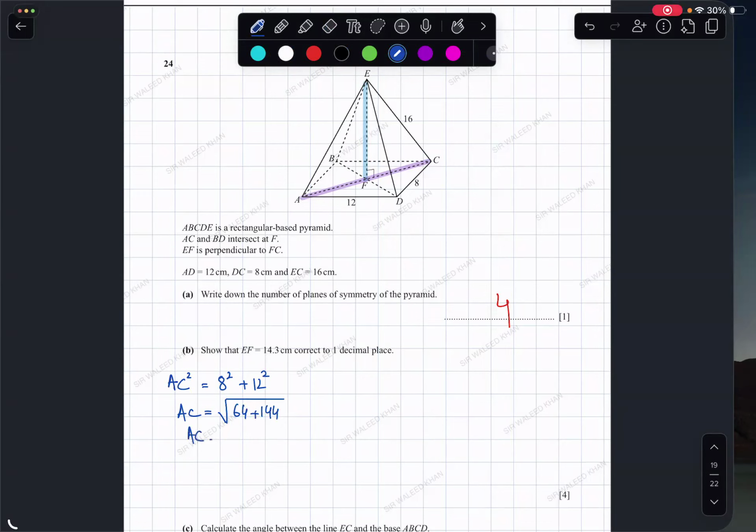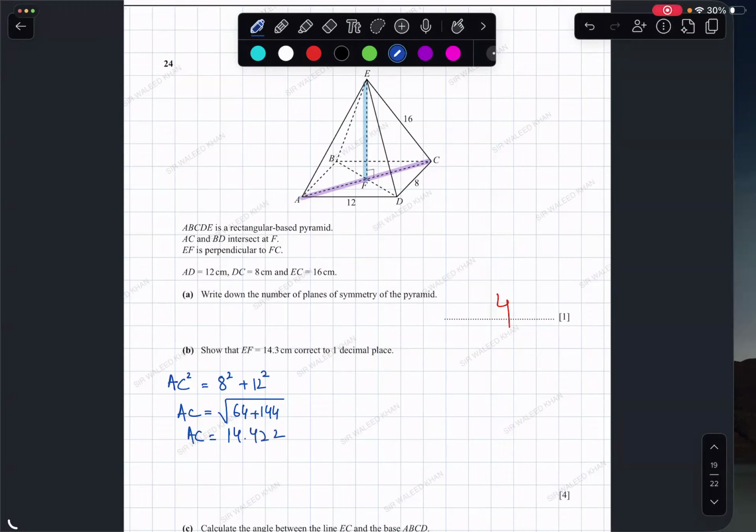I'm not going to use that calculator because the screen gets stuck. Plus 144. It's under root of this, 14.422. That is the length of AC.